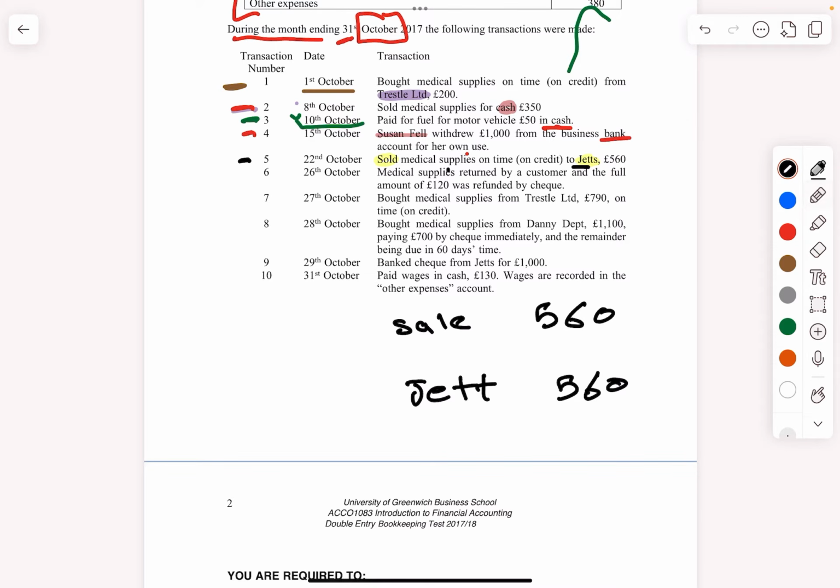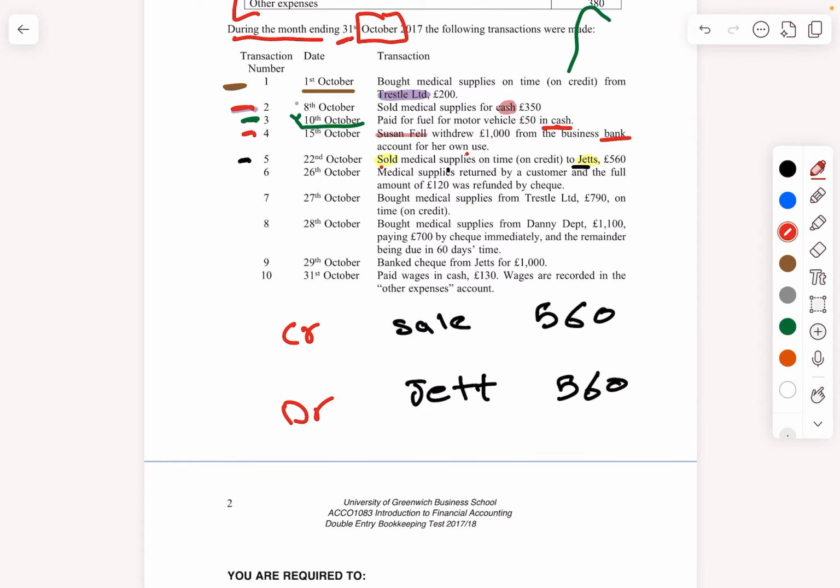Sales, as you know, is always credited, and Jet will be debited. If you think about it, we sold something, we gave away something. Jet received something, that means it is debited, 560.